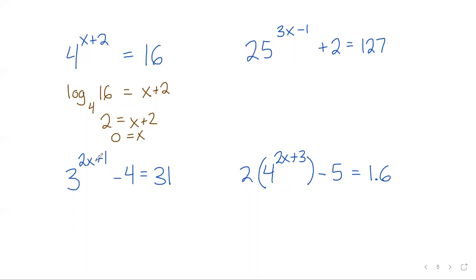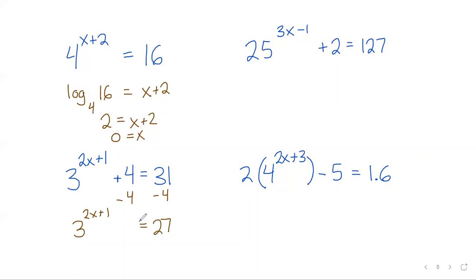So let's try one that's a little bit more complex here. I definitely meant for that to be a plus sign. So I'm going to change that here. Okay, this will be a much better question now. If we have something like this, the first thing that we want to do is get this sort of exponential part on its own. So I'm going to subtract 4 from both sides.